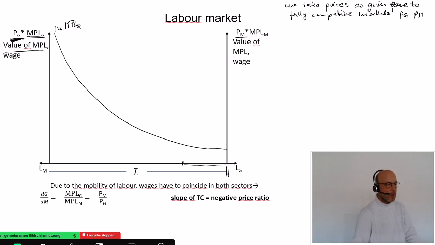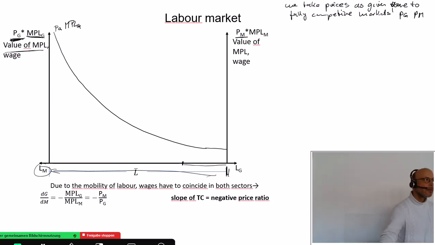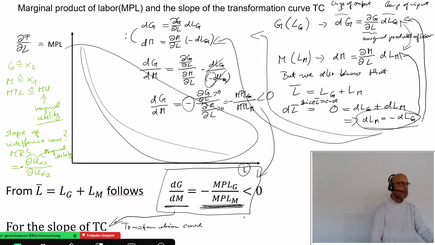So what we can say now is that to the left, we can draw just the amount of labor in the industrial sector. What does this mean for the representation via the marginal product? Again, we have just to mirror this function on the vertical axis.